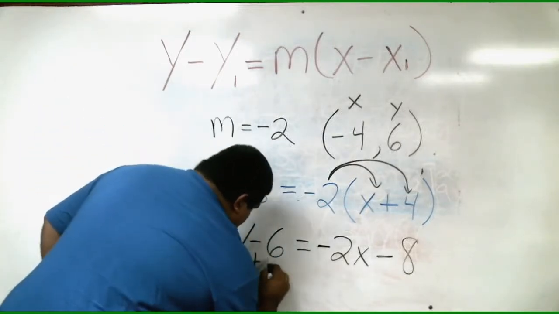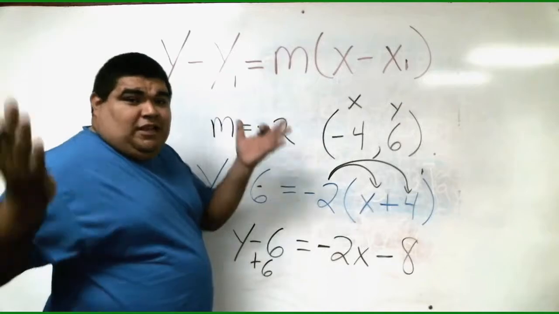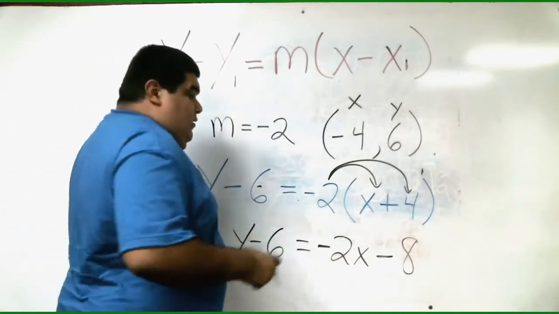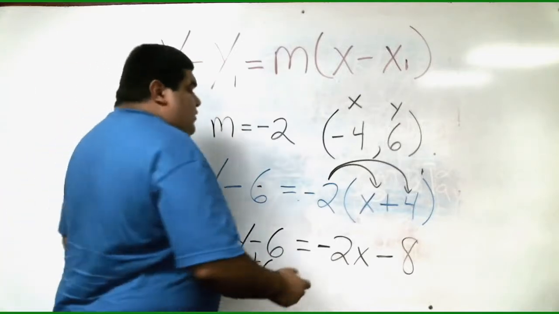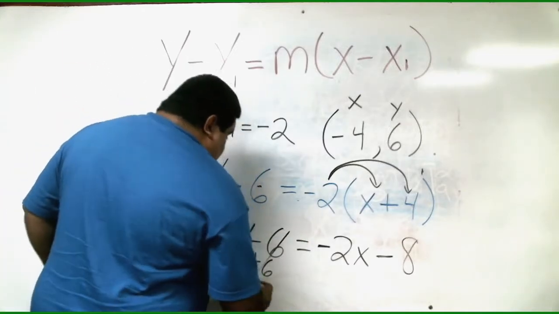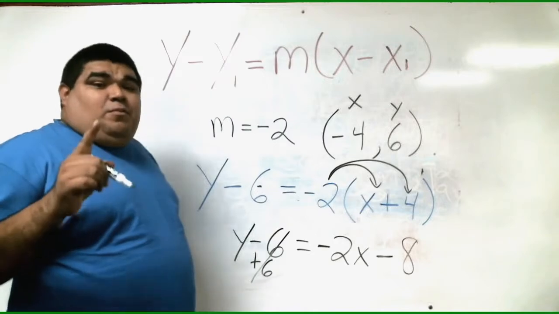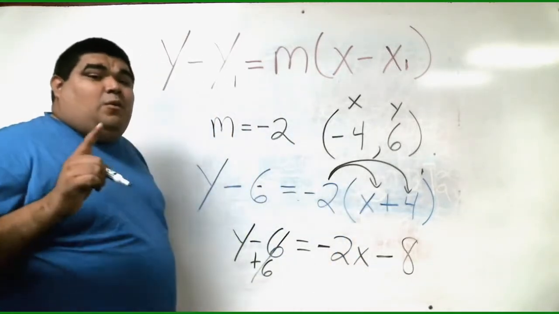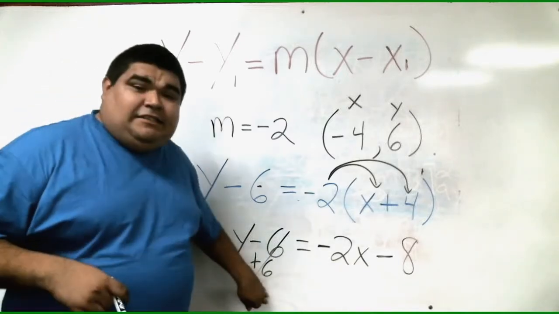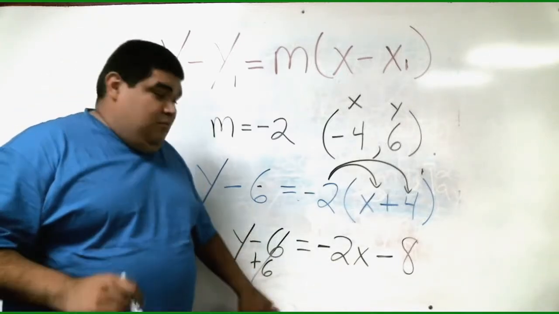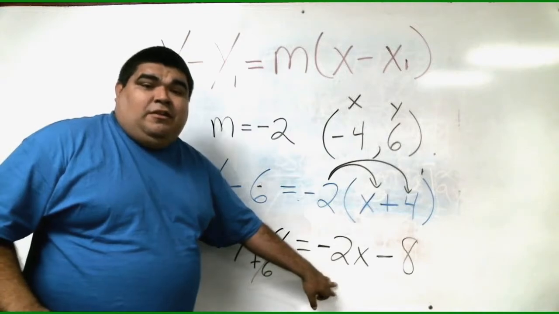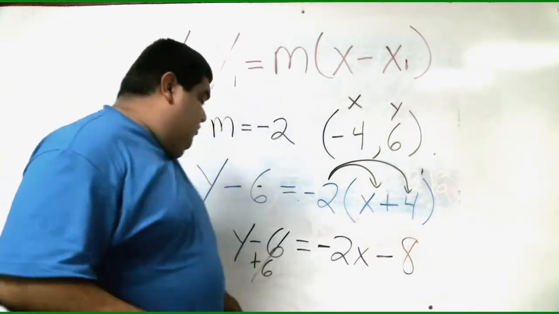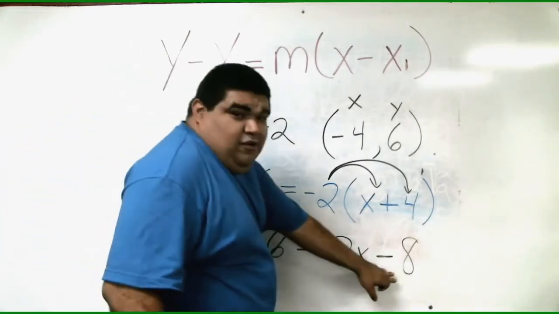So plus 6. Again, you do it to both sides because of this, remember, scale. You will unbalance everything. So that cancels out. You're only gonna do positive 6 only to the number. The reason why is because the 6 doesn't have a variable, okay? They cannot combine with the variables, but it can combine with other numbers that are just numbers. So we have plus 6, so we're gonna do over here, plus 6.